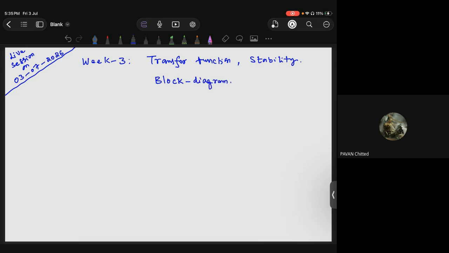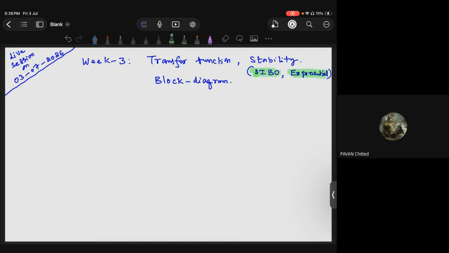Particularly in stability, we have two kinds of stabilities: BIBO stability and exponential stability. If you have any questions, you can ask me. In the previous slide, I've explained what exponential stability is, and for BIBO stability, you can watch the videos.